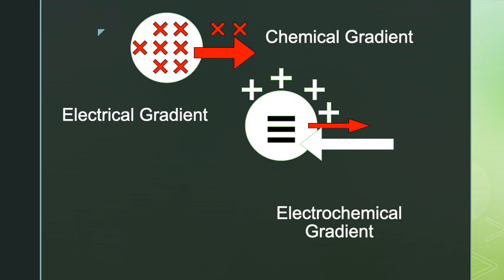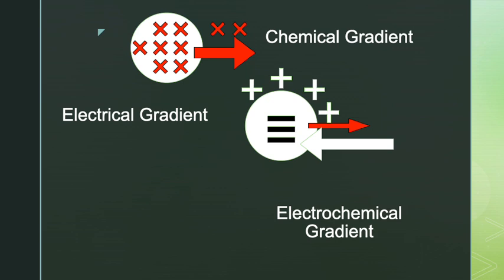Those little X's are going to try to move out of the cell and equalize the same amount on either side. In humans, that doesn't happen usually because things are always moving. But with our chemical gradient, we're just going to look at where those chemical pieces are flowing. Where is there more? They're always going to move over to the other side for less.